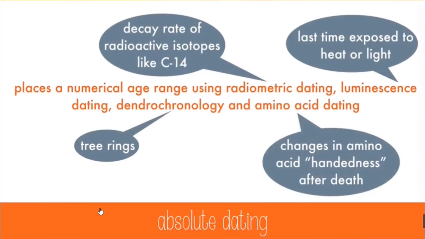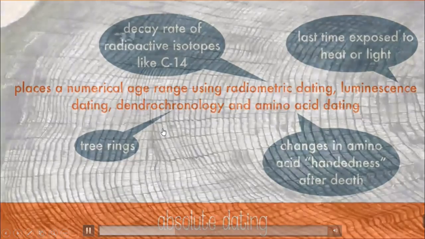There are different methods used. You see radiometric, luminescence, dendrochronology, amino acid dating. Radiometric means by means of isotopes, then luminescence by means of heat or light, then dendrochronology.